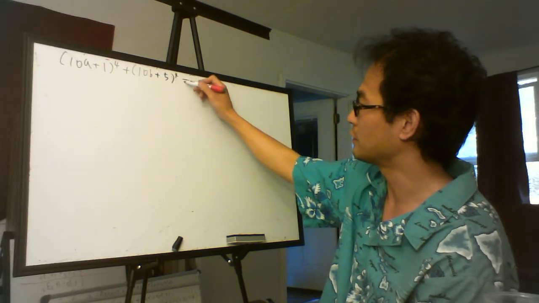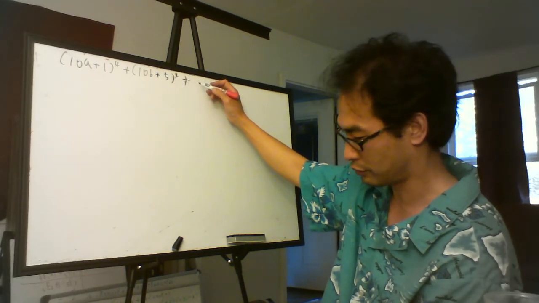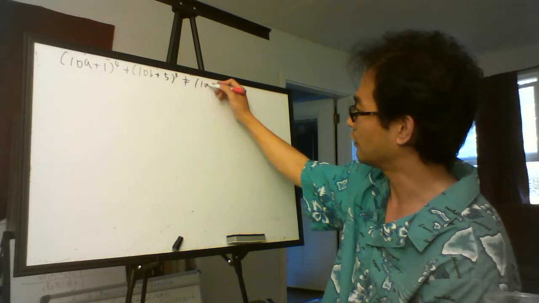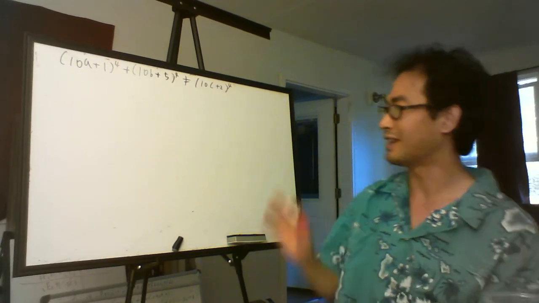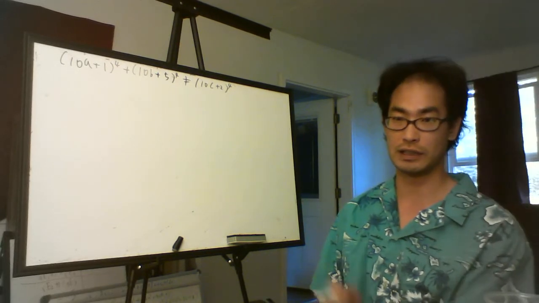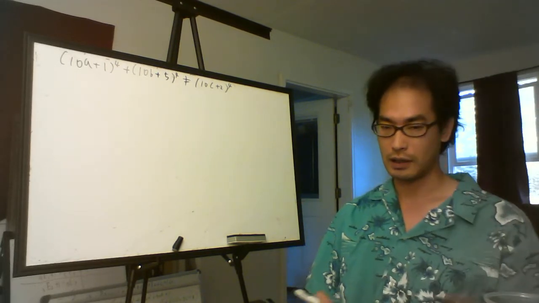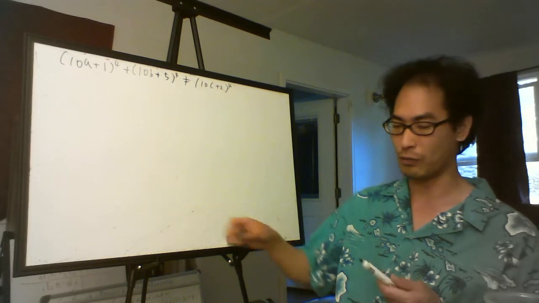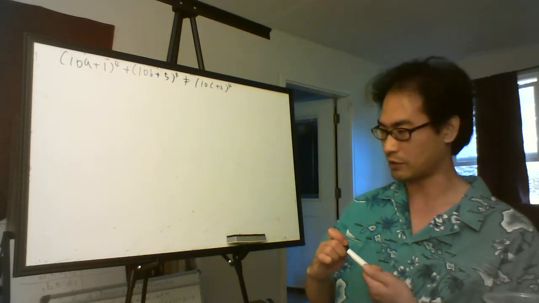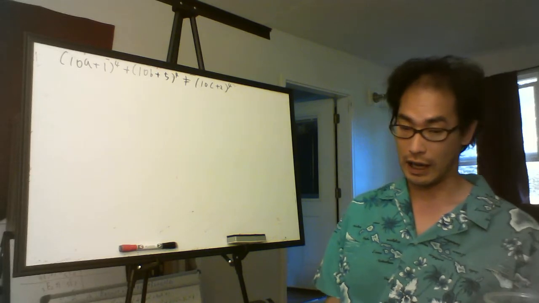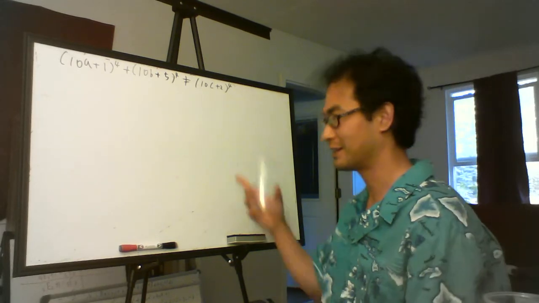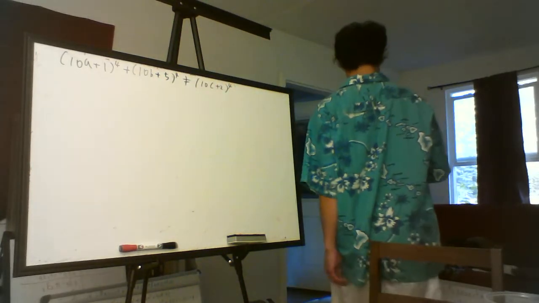We have to prove this cannot be equal to 10c plus 2 to the fourth. That's what we are trying to prove. This inequality. So we take a 5 minute break and I get more water, have a cigarette break, and we'll be back. I'm having some problem. It's not as easy as I thought it would be. So we'll be back.